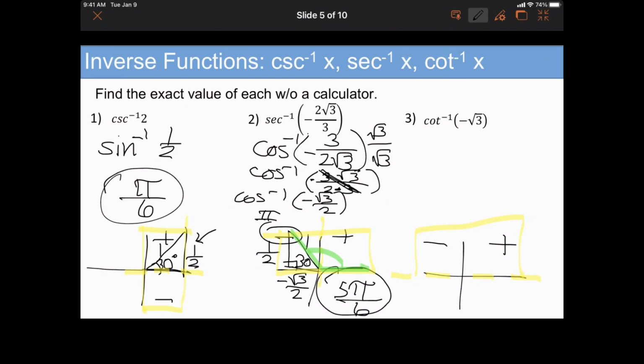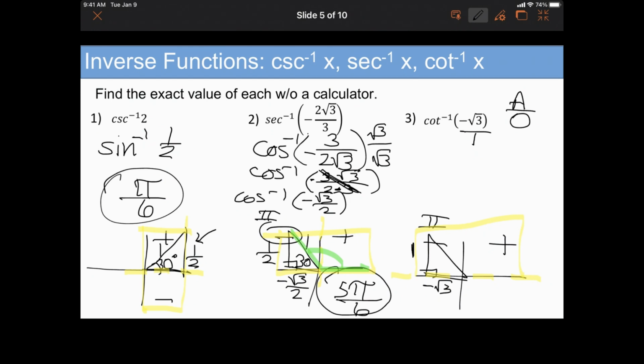Now cotangent, you can just leave cotangent as cotangent, or you can do a reciprocal and use inverse tangent. I'm just going to leave it this way, and I'm going to remember that. So cotangent is negative. It's going to be in the second quadrant. So I'm going to be here. Draw my triangle. And this is over 1. So my adjacent is negative root 3 over 1 here.